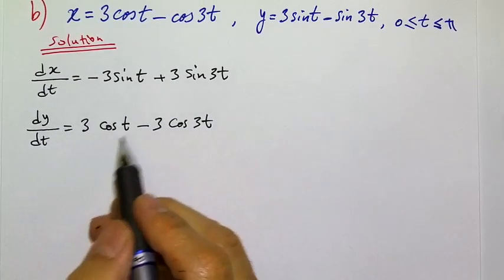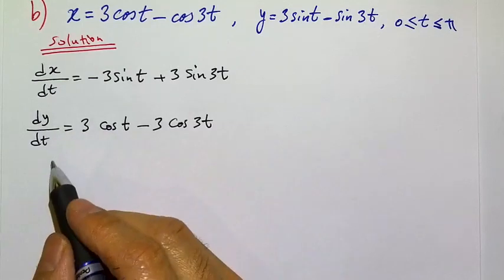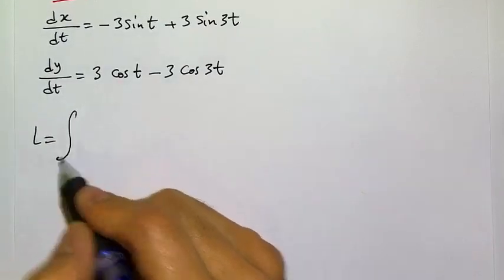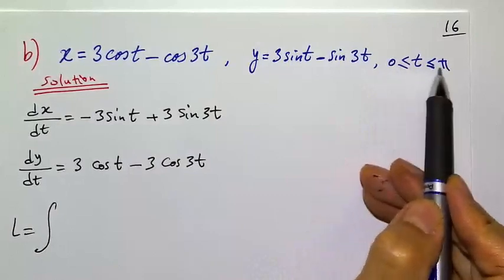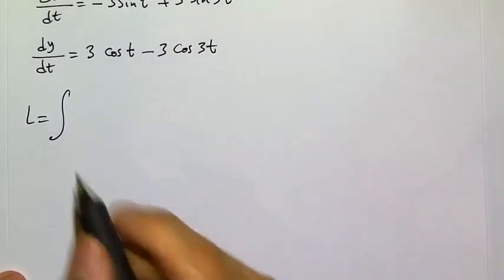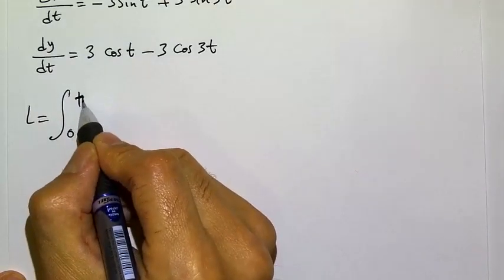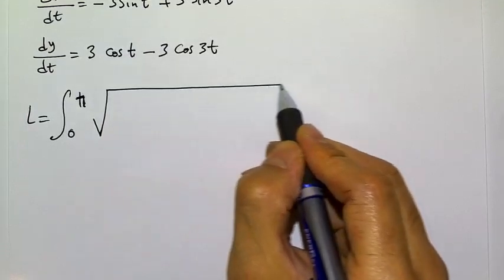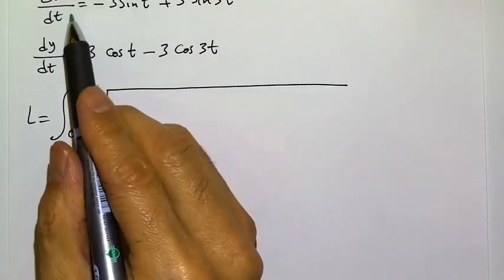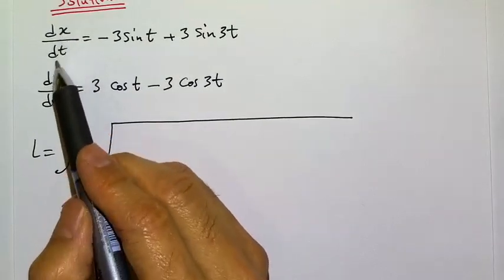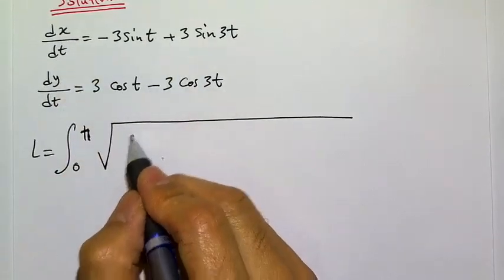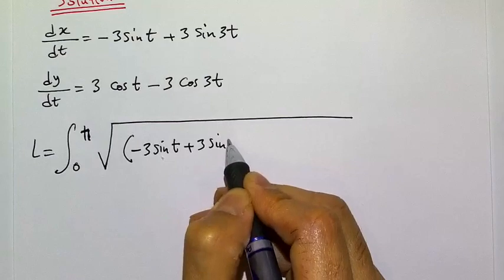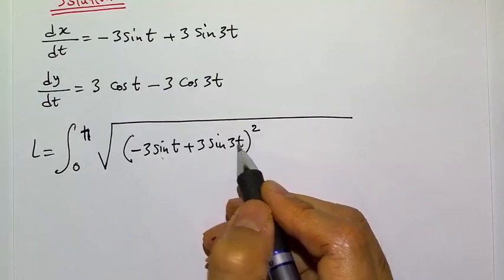Okay. All right, so let's insert our results into the formula we have. So we have arc length equals the integral from 0 to pi, right? And then we have the square root, of course, and then we have dx over dt squared. So we have minus 3 sine t plus 3 sine 3t, squared.